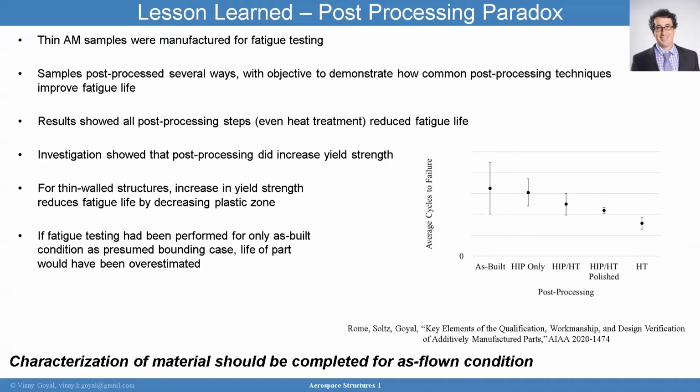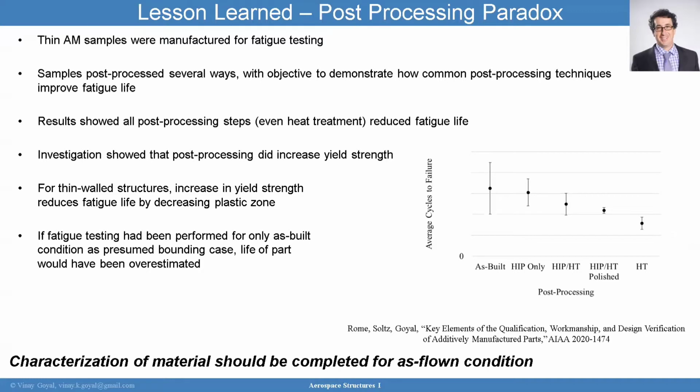So here, this is probably actually a better chart of why you want to do testing. What this shows is additive manufacturing. If you're familiar with powder bed fusion, you have parts that come off the machine with pretty good surface finish, but they're rough. They also haven't been heat treated, and they haven't always been consolidated.